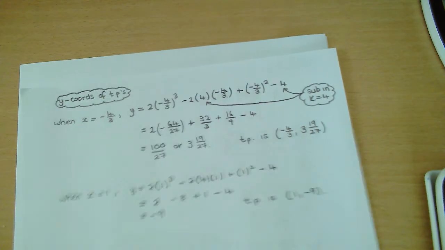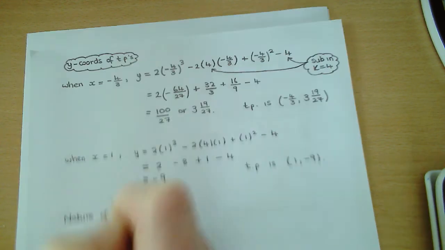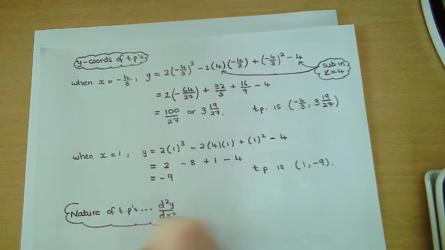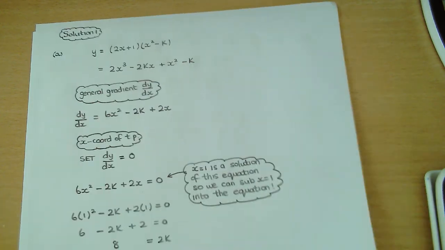Okay, now let's get the nature of the turning points. So for the nature of turning points, we need the second derivative d2y by dx squared. So if we flick back, we have to differentiate dy by dx.